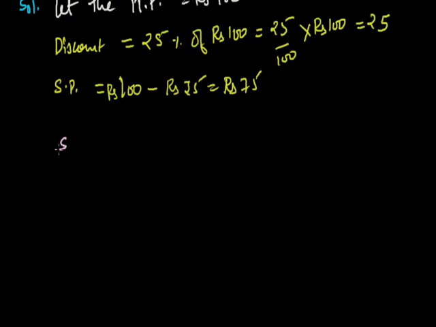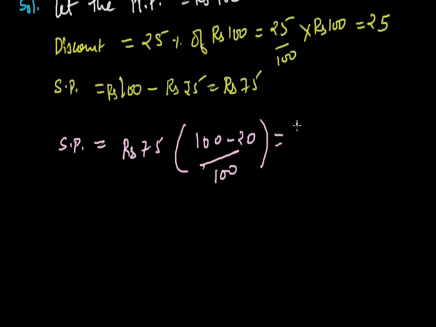So we can directly calculate the selling price instead of doing this procedure. The selling price will be equal to, now the new price will be rupees 75, and when we allow a discount, that will be 100 minus 20 upon 100. So it will be equal to rupees 75 into 80 upon 100.